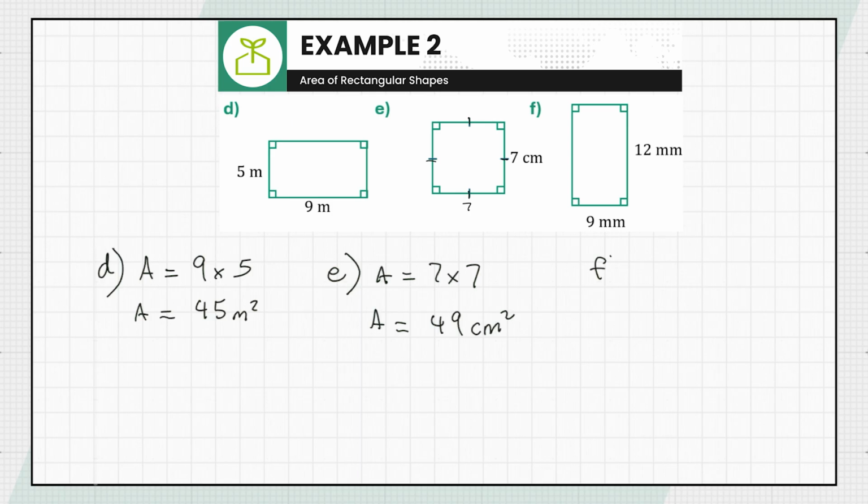And then with F, our area is going to be equal to 9 times 12. And that means our area is going to be equal to 108 millimeters squared. Again, if you don't know your times tables for nines, just remember to break it up.